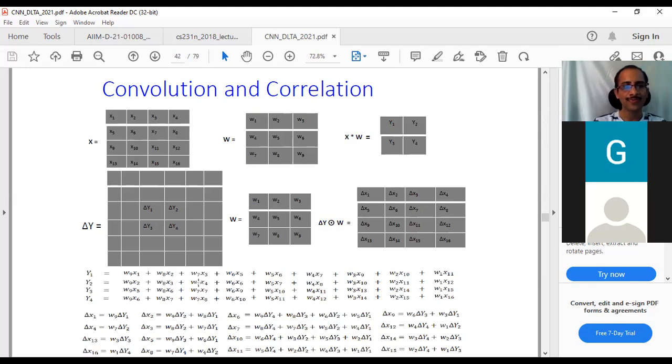Why is it so? Because we have to flip the kernel. And see, connection wise, you need the error of X4, but it is connected only to Y2. So in the backward propagation, the error in Y2 alone contributes to the error in X4 by the weight of W7.